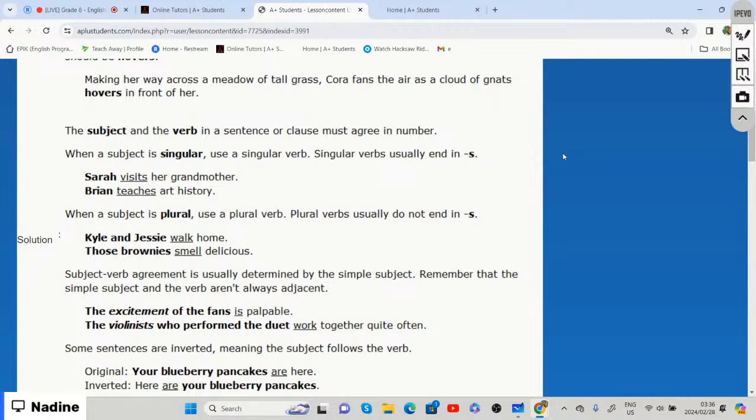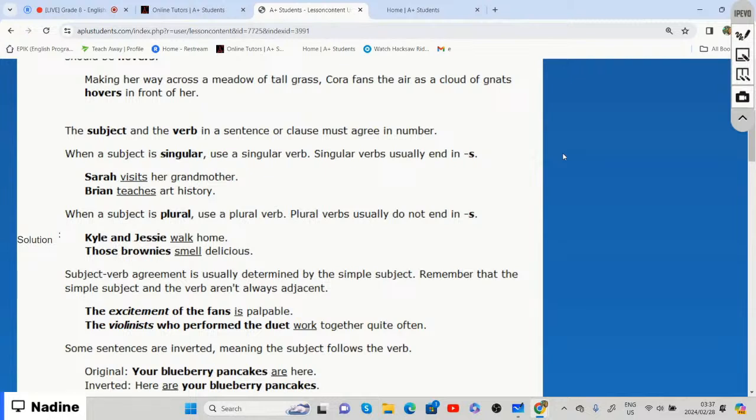No S. So we say Kylie, Kyle, and JC, they walk home, without the S, as well as those brownies smell delicious. If it is a plural verb, we do not add the S.